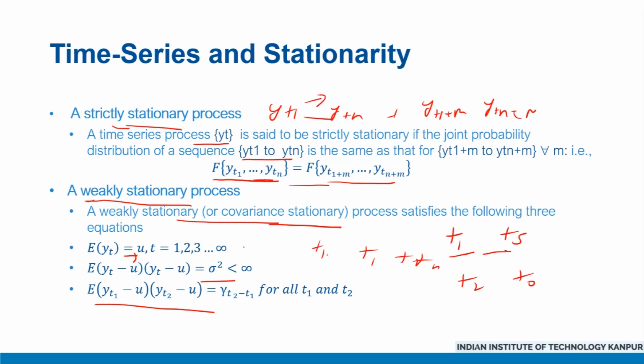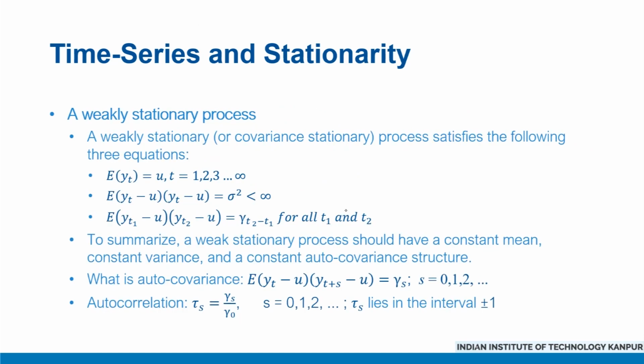In simple terms, a weakly stationary process is a process where the process mean or expected value, its variance, which is the second moment, and autocorrelation structure or autocovariance remain constant across time. We also noted that it is difficult to make much use of the autocovariance, which is the expectation of yt minus mu, where mu is nothing but the expected value of yt itself, times yt plus s minus mu.